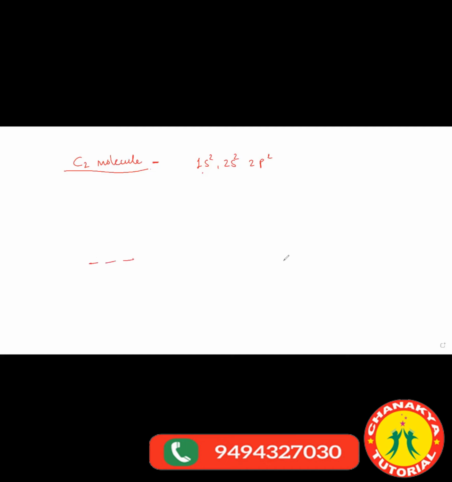1, 2, 3. Here also 1, 2, 3. Correct? How will it be split? Now, how the energy levels would be split, that we have to check first of all.